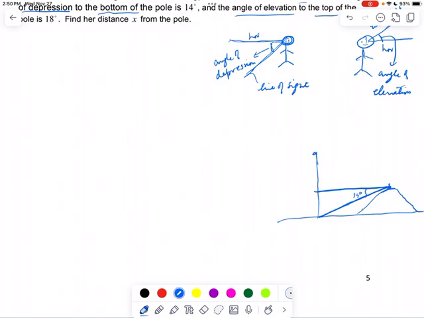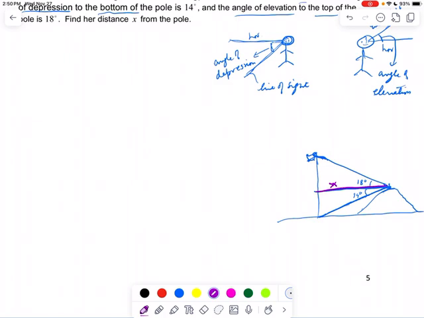And then when she looks up to the top of the flagpole, let's say there is a flag attached to it, you don't need to draw the flag, but when she looks at the top of the pole, this angle is 18 degrees. These are given. So we want to find the distance between the woman and the pole, this length.